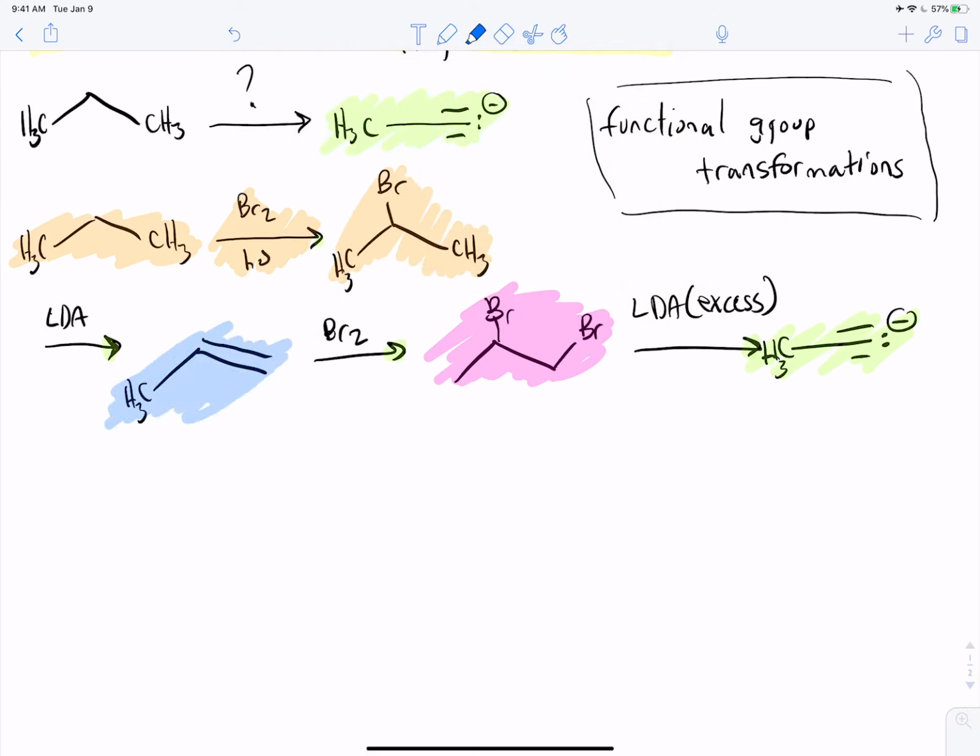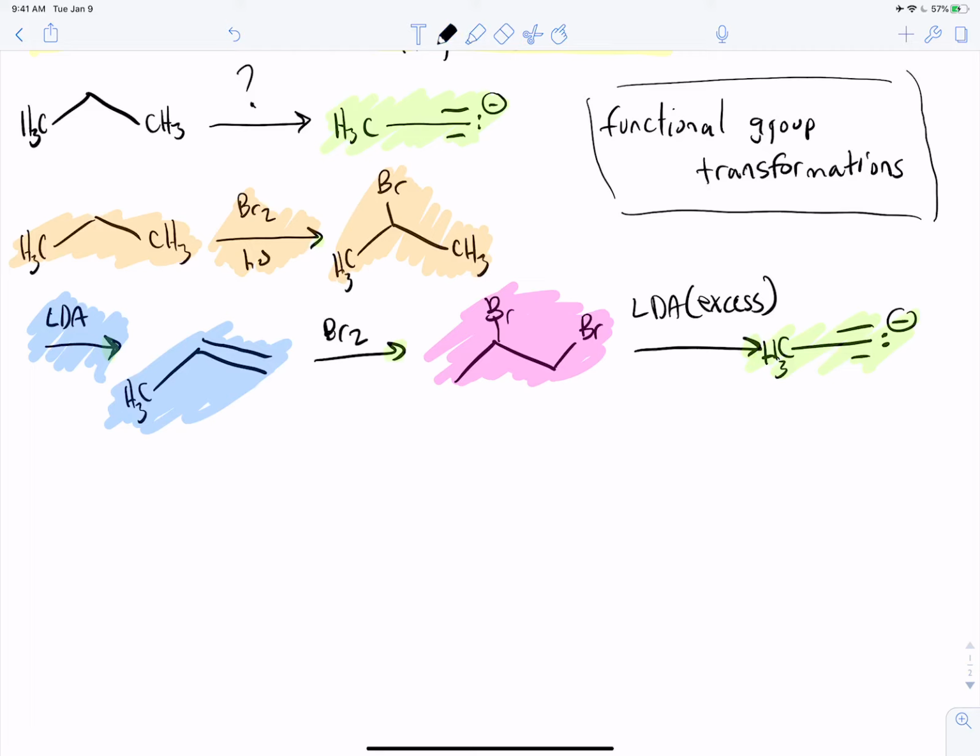So I know that I have to have an alkene. And then of course to make an alkene, I can just take the alkyl halide and use a base. And then ultimately, that allows me to get to the alkyne. So there's a rationale going in there, and you're just trying to daisy chain these reactions together to get you to where you need to go.